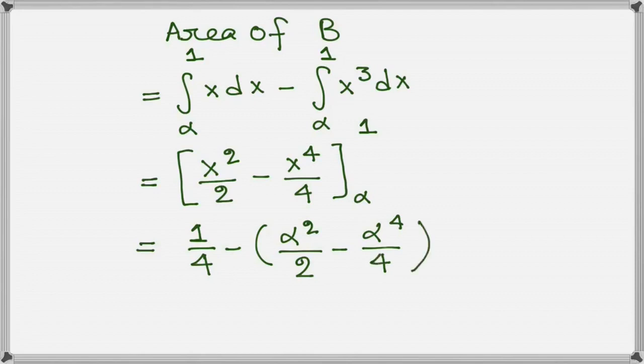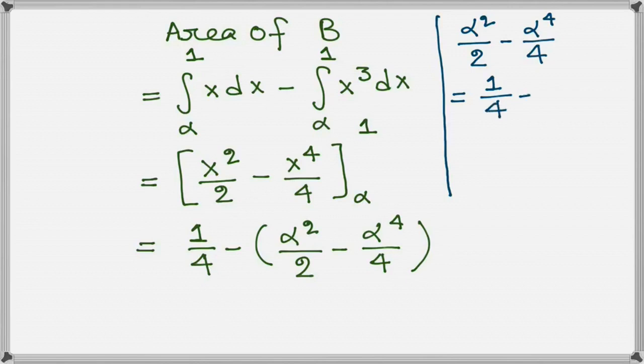Now, as we know the area of the region A and the area of region B are equal, then we can equate them and we obtain, I can write it here. So, the area of region A was alpha square divided by 2 minus alpha to the power 4 divided by 4 and here we have obtained 1 by 4 minus alpha square divided by 2 plus alpha to the power 4 divided by 4.